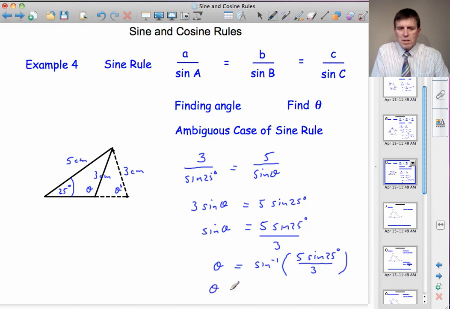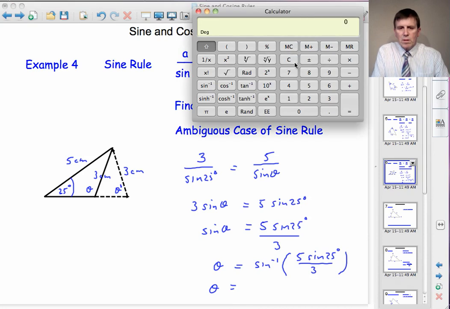So theta is equal to, let's get the calculator. First of all, 5 times the sine of 25 equals, divide by 3 equals, now I want the sine to the minus 1 of that, and I've got 44.8 degrees.